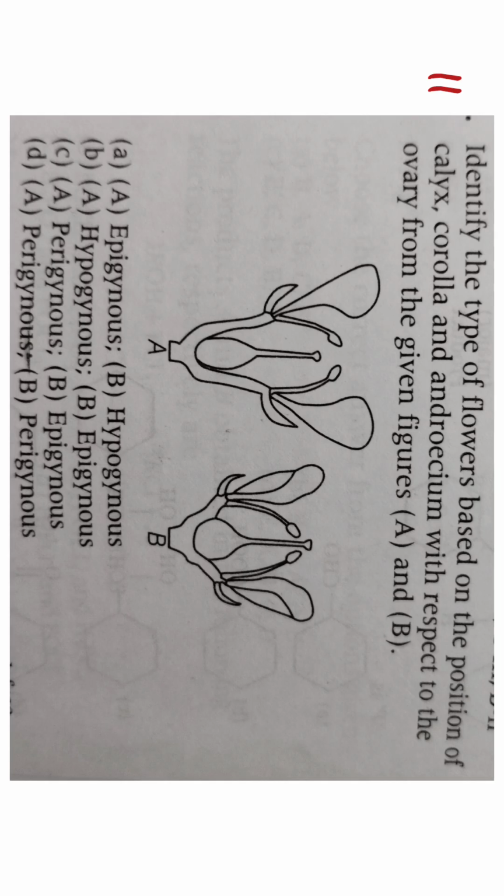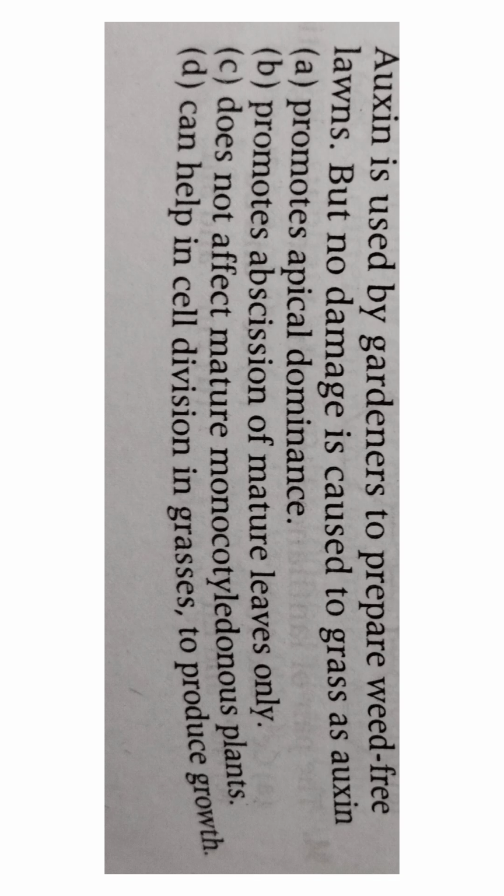Question 11. Identify the type of flowers based on the position of calyx, corolla and androecium with respect to the ovary from the given figures A and B. The answer is option D. Question 12. Auxin is used by gardeners to prepare weed-free lawns, but no damage is caused to grass as auxin.